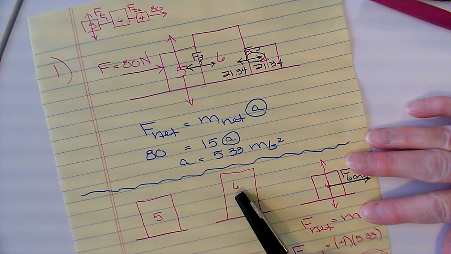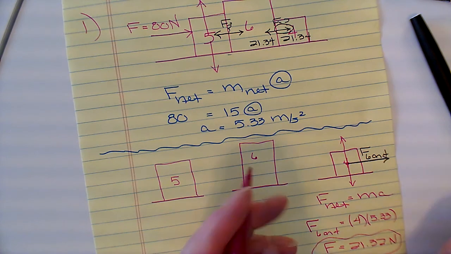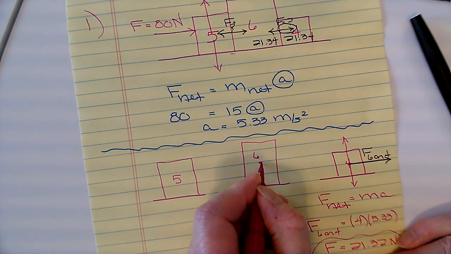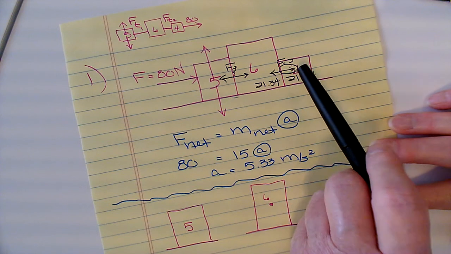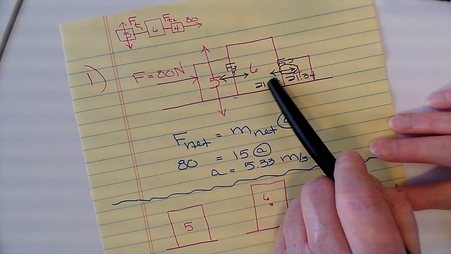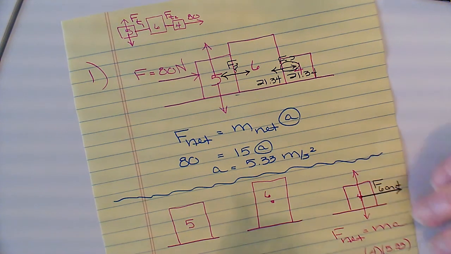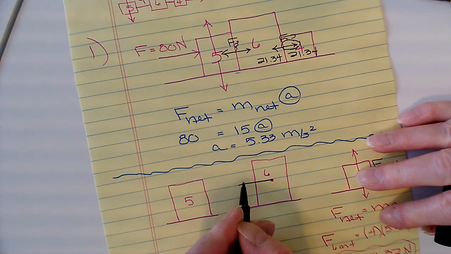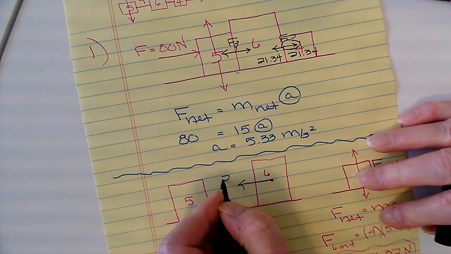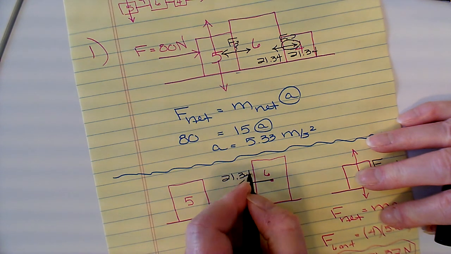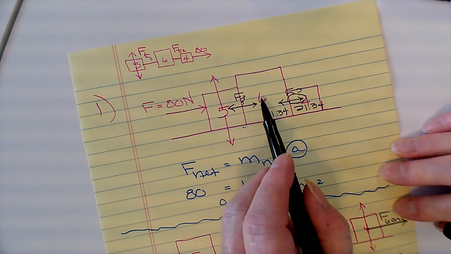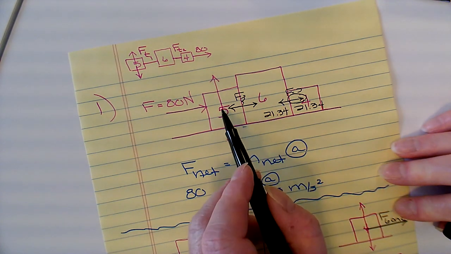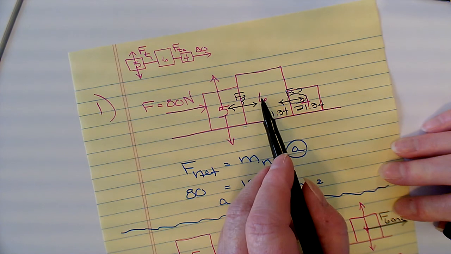And then I'm going to move over to the 6 block, and I'm going to turn it into a dot. And we just said that the 4 presses back on the 6. So the 4 presses to the left at 21.34. But when I look at my picture here, I can also see that the 6 presses on the 5 and the 5 presses on the 6.